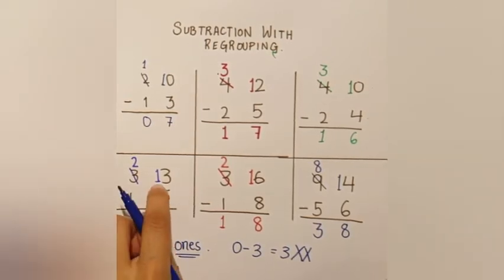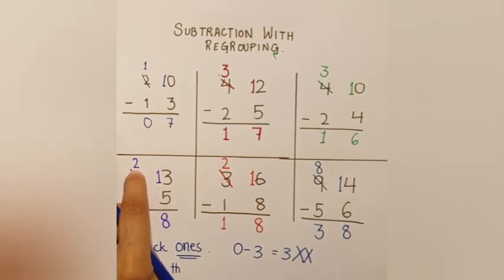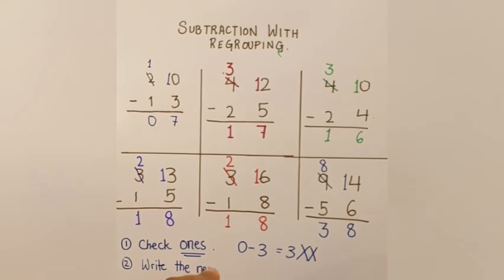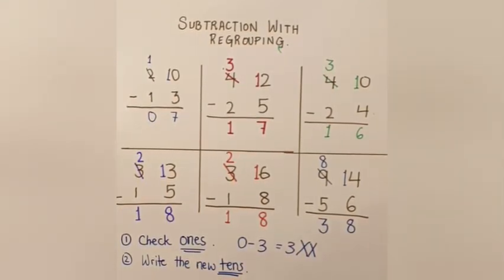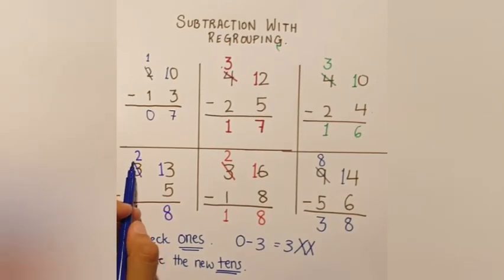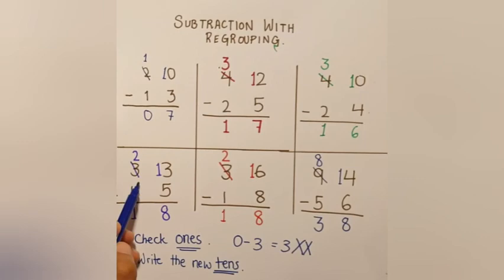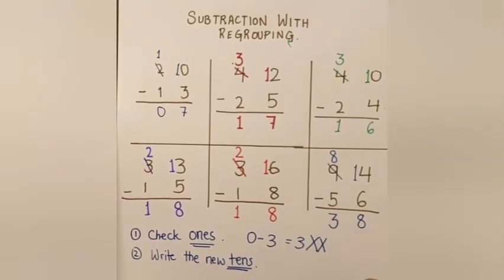Usually people don't forget to put this one, but a lot of times the people forget to write the new tens. This is a very important remark. Don't forget to cross the tens and write the new tens.